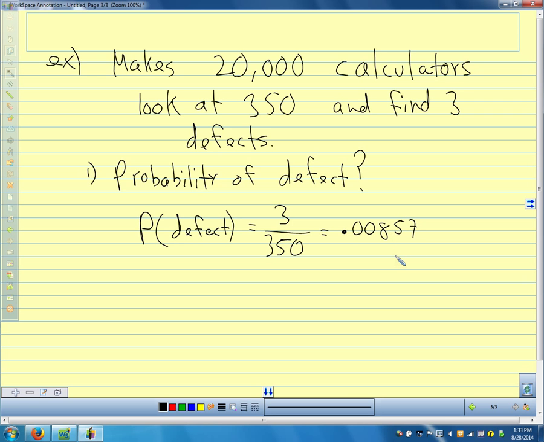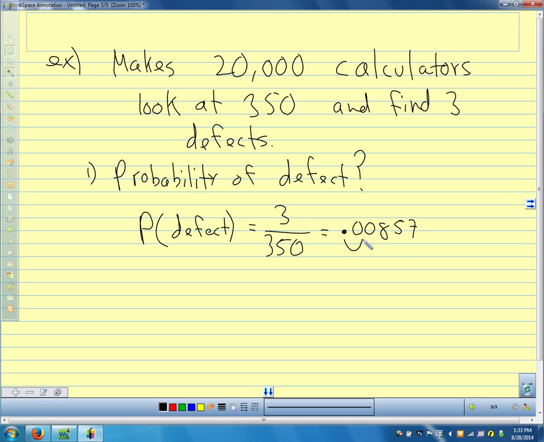How do we turn this decimal into a percent? Move the decimal place over. How many places? 2 to the right. Perfect.